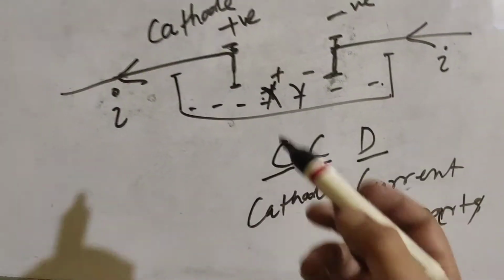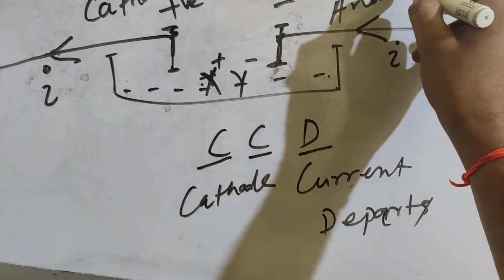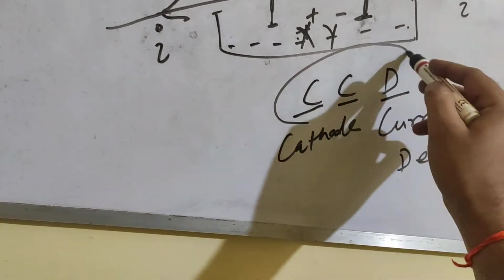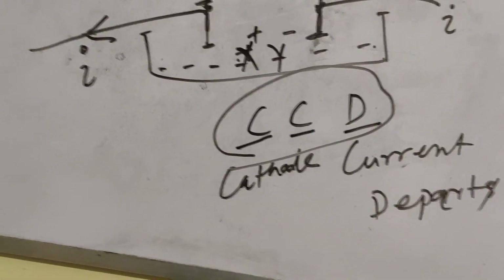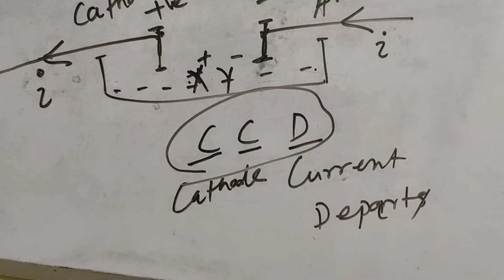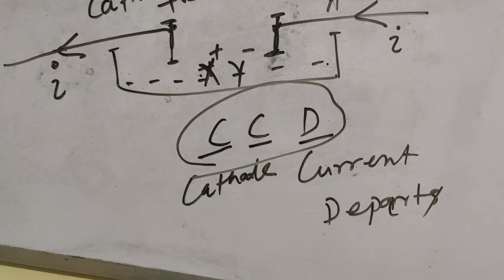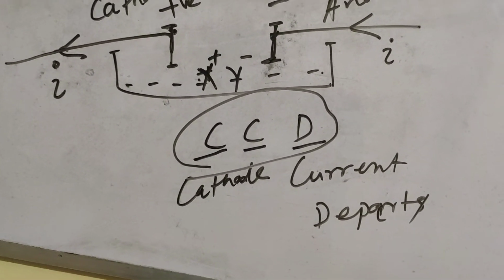Here the current arrives, so that is called anode. For a supplier, the rule of CCD applies. So always remember: supplier, CCD. For an energy supplying device, the terminal at which the current departs from the device is called the cathode.